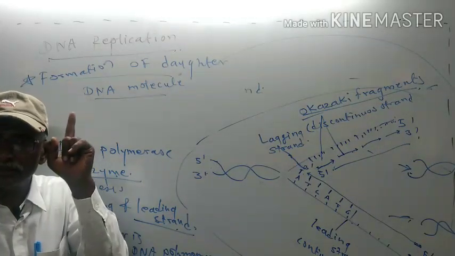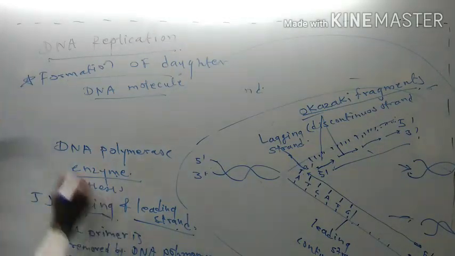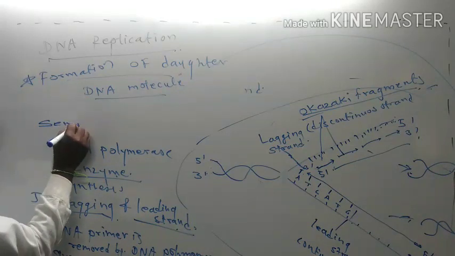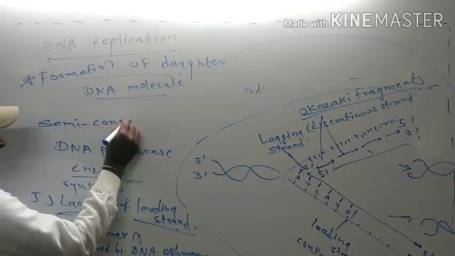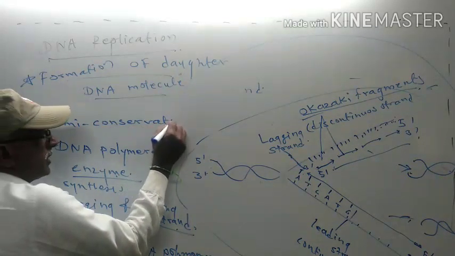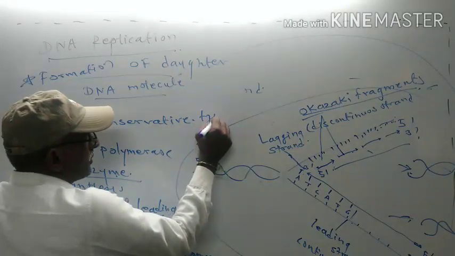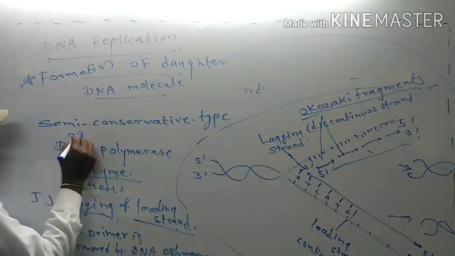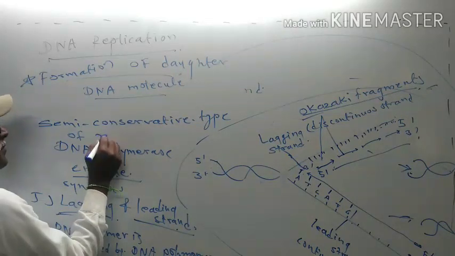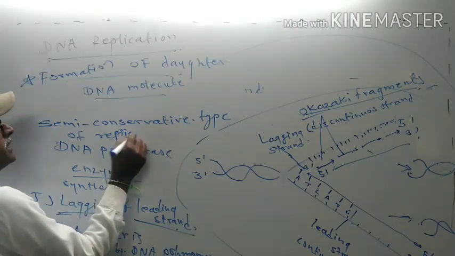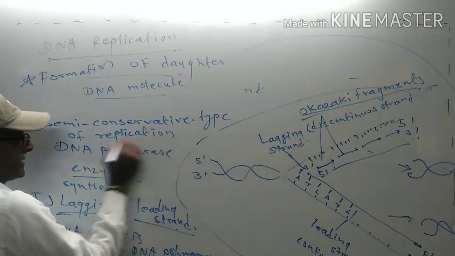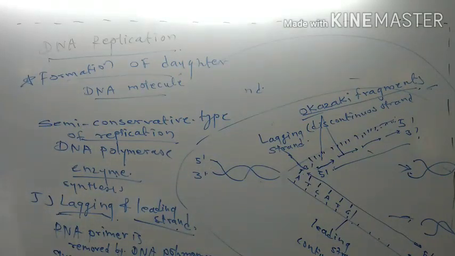So this DNA replication is called as what? Semi-conservative type of replication. And this semi-conservative type of replication is present in eukaryotic cells.